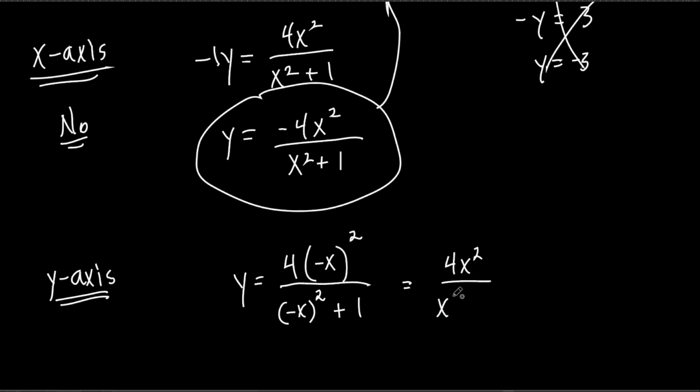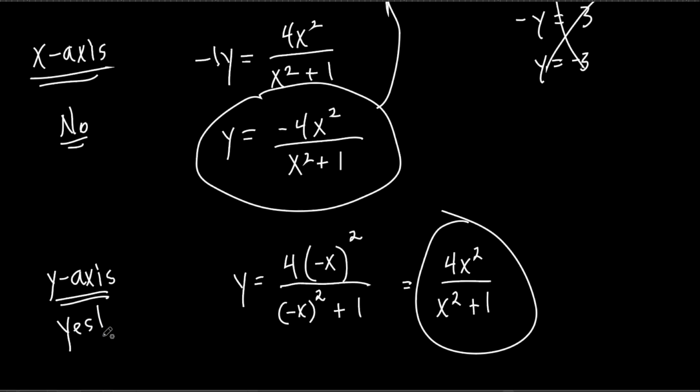So that's a positive x squared plus 1. Does this look like the original? Yeah, it does. So guess what? This equation is symmetric to the y-axis. So we're going to put a yes right here. I'll even put an exclamation point because I'm so happy about it. So, yes, it is symmetric to the y-axis.